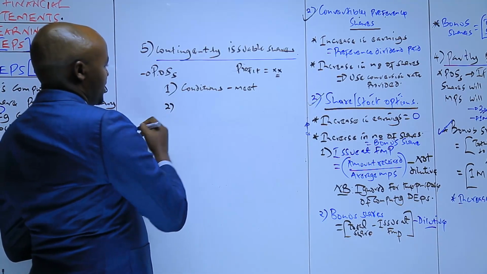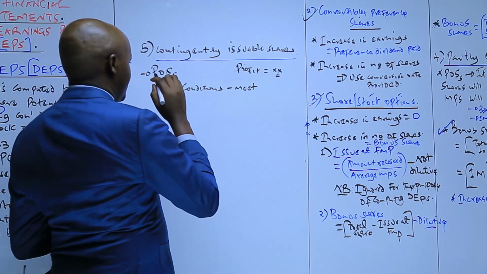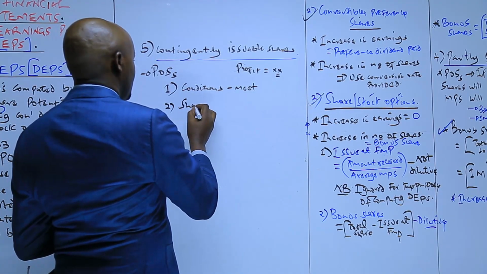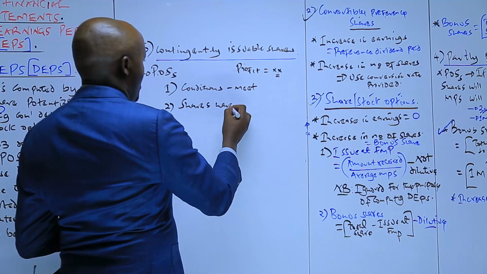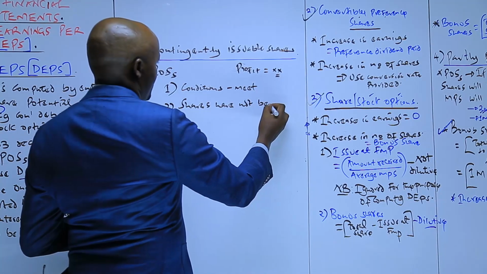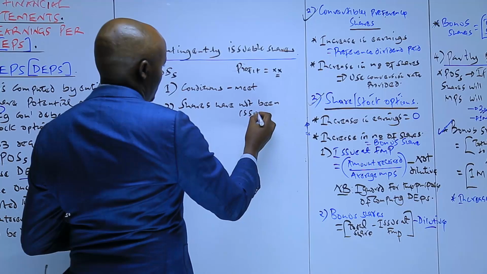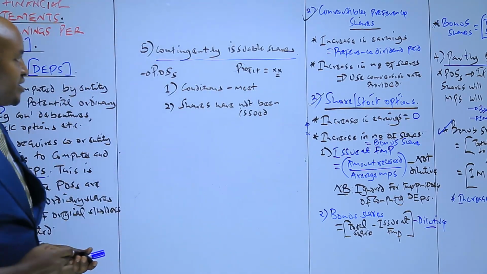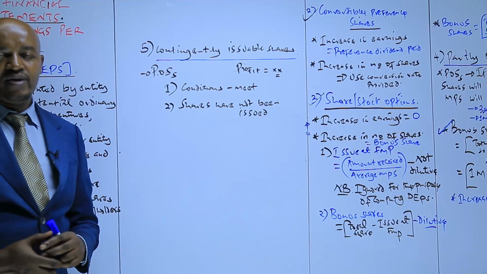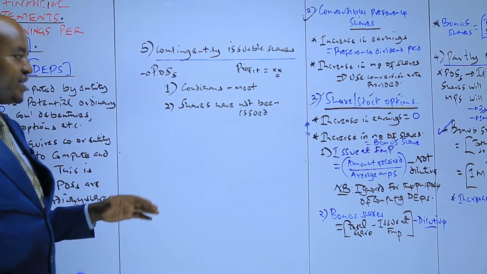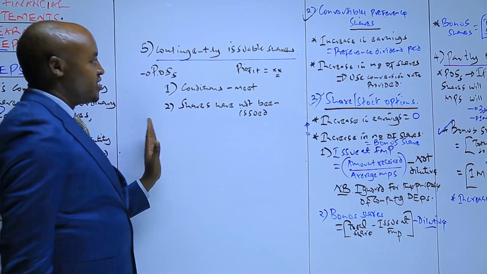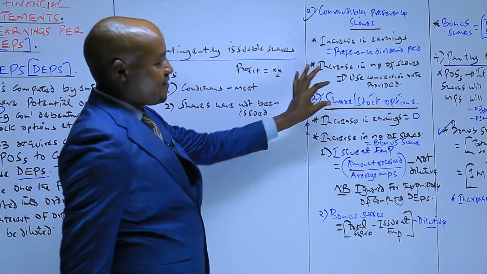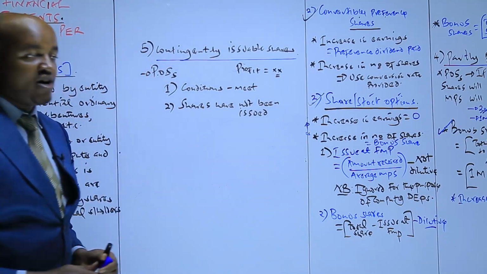And number two, the other criterion, is that the shares have not been issued. And in most cases, because these shares will be issued at a price which is below the market price, we treat contingently issuable shares as an equivalent of a share or stock option.